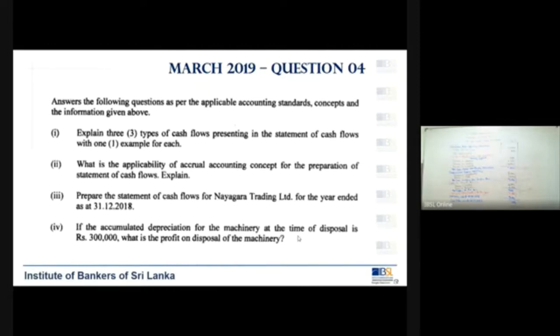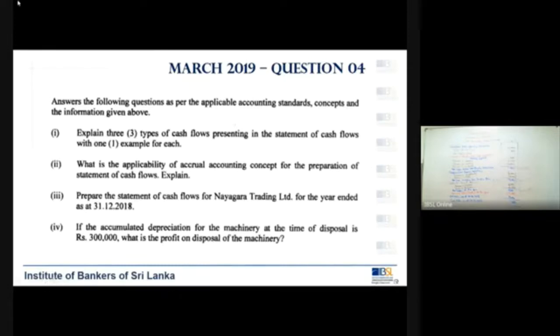But when you look at the cash flow, it is not considering any of these factors, right? So application of the accrual accounting concept is applicable for the profitability, but not for the statement of cash flows. It doesn't apply for the statement of cash flows, right?